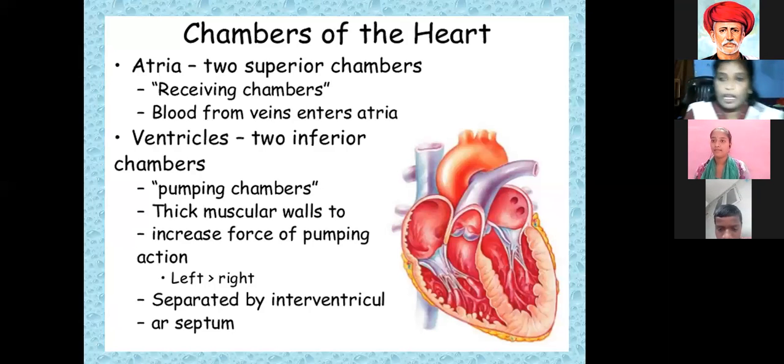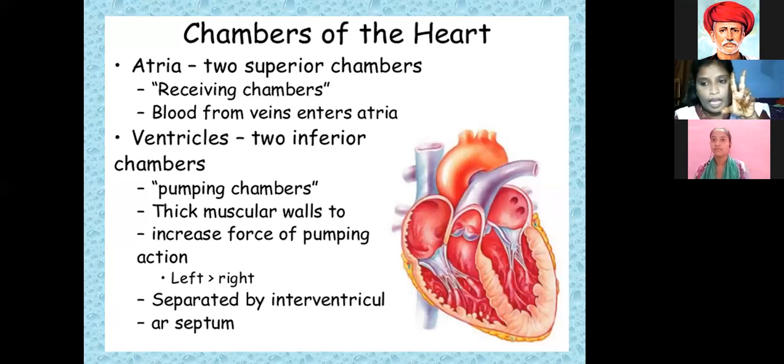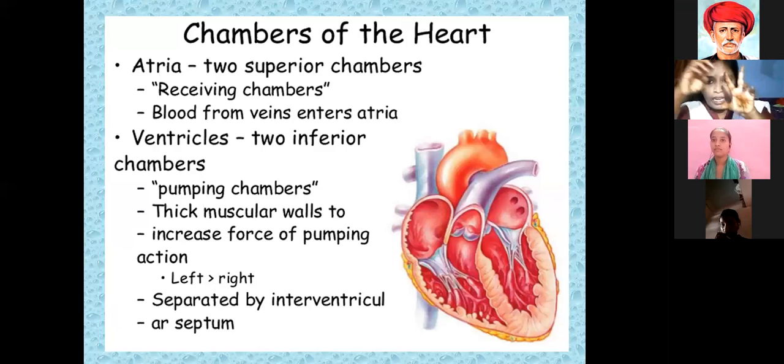Two are auricles and two are ventricles. Two are the left and right auricles; again, two are the left and right ventricles. These are the four chambers.